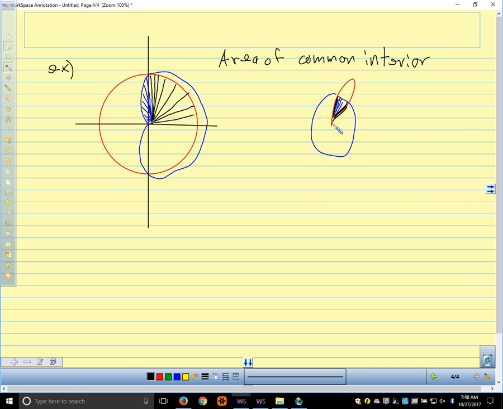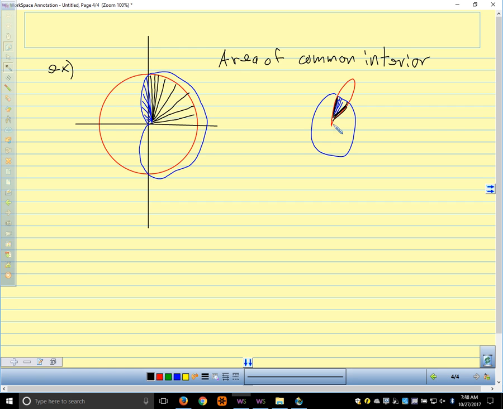So to get the area of the common interior, you would have to split that up into 3 pieces, depending on where they intersect here, and add those 3 areas together. So depending on the problem, it's not always as easy as big minus small or top minus bottom. The big minus small here would get us this area between the petal and the circle. So often you have to be careful.